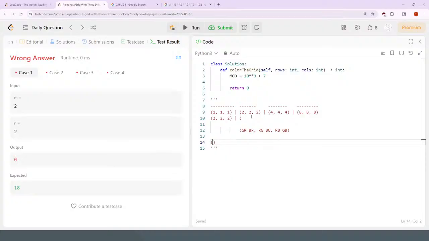I still need to draw it somehow, to be honest. So it's like green, red, blue, red, comma, red, green, blue, green, comma, red, blue, green, blue.